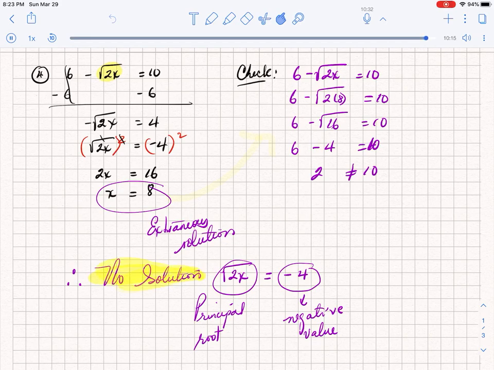Meaning if you have a root like that set equal to a negative, it's automatically no solution. How do I know that? I proved I have a solution, but when I checked it, they're not the same.